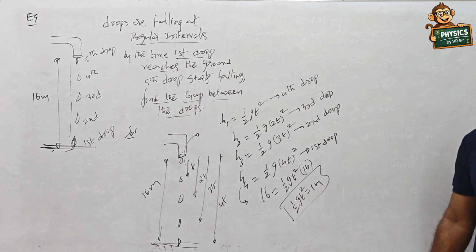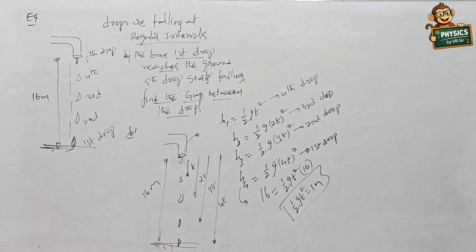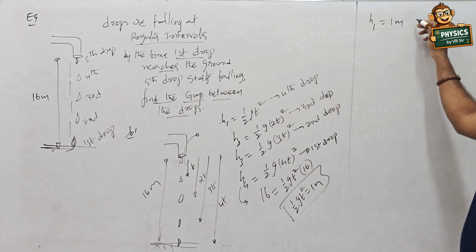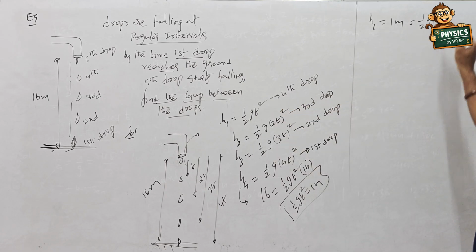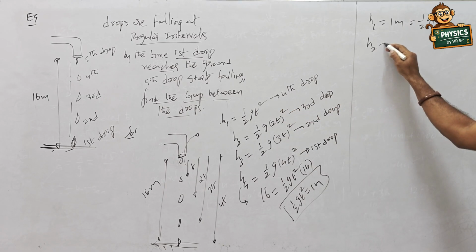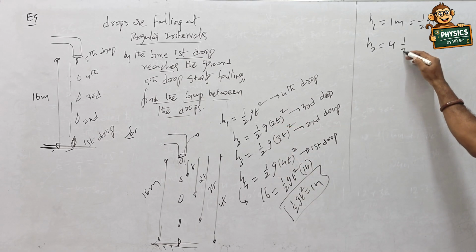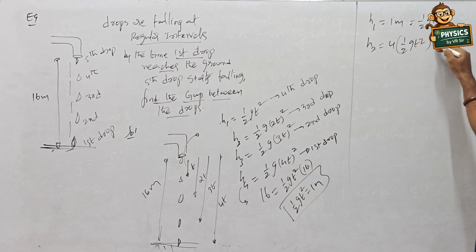Now h1 is equivalent to 1 meter, half g t square. We got it already. Now h2 is equivalent to, look here, t square and 4t square. This is 4 times half g t square, and this is 4 meters, because half g t square is equivalent to 1 meter.